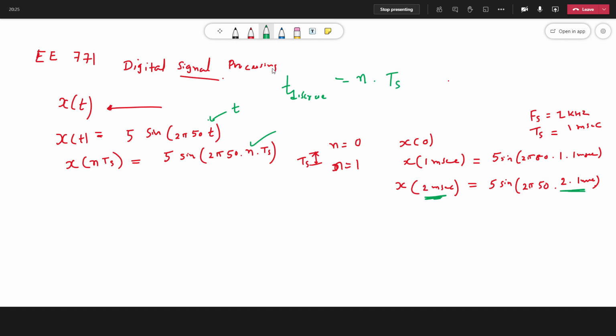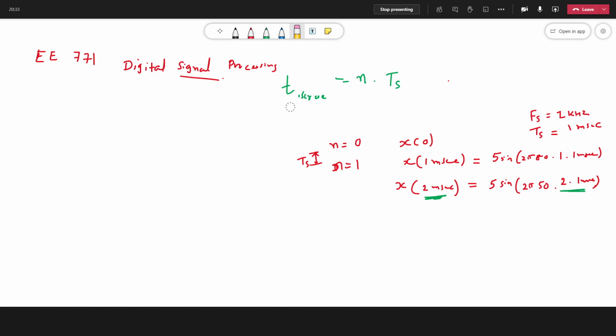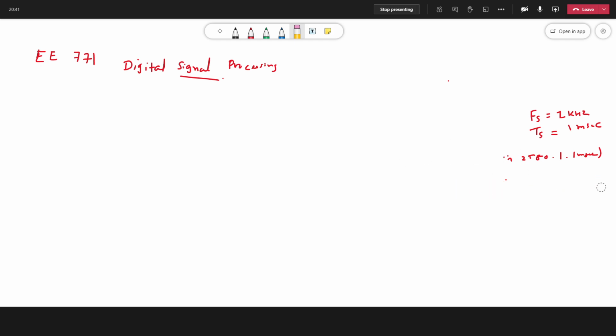So this is how a discrete signal can be mathematically defined. For defining the discrete time signal, you will need to replace the continuous time variable t by a discrete time variable.